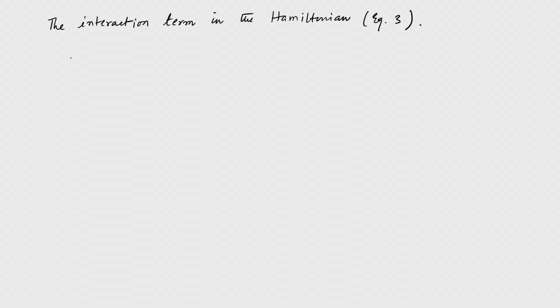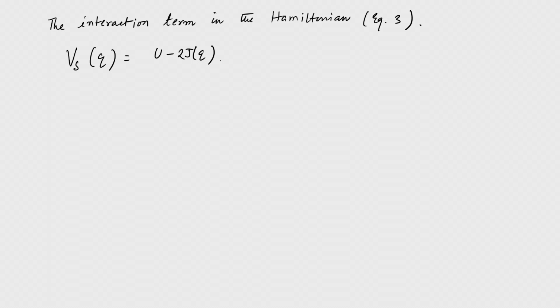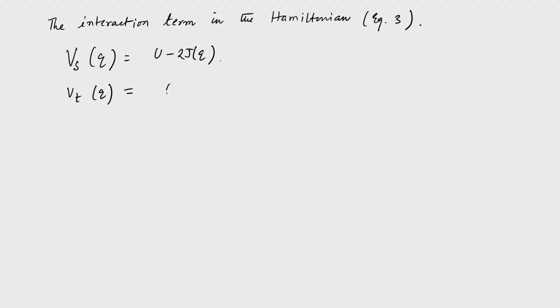In the singlet channel we have V s equal to 2 j q. It is important to note that this factor of 2 comes from the sum over all spin indices. U is the on-site term, and the other one has a k or q dependence. In the triplet channel, which would promote an up-up or a down-down pairing, there is nothing in this Hamiltonian that promotes such pairing. It is always a pairing between up and down spins, and hence this is 0.